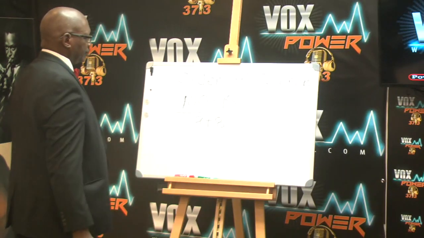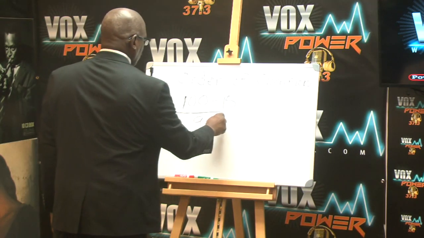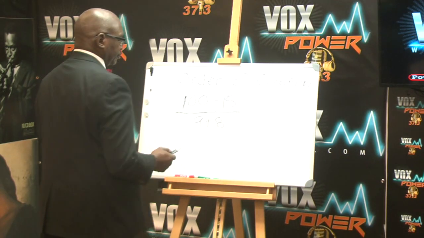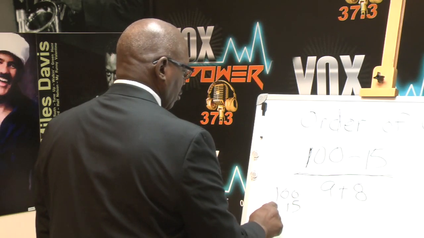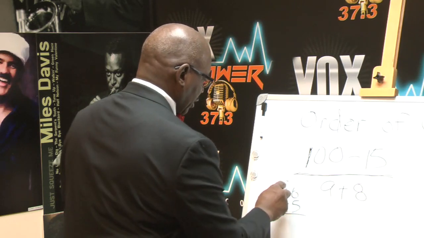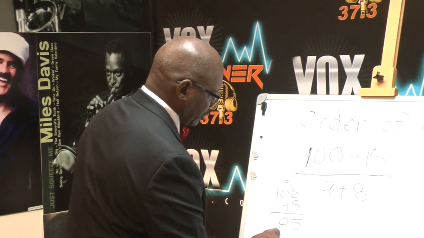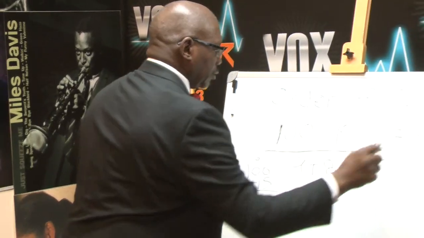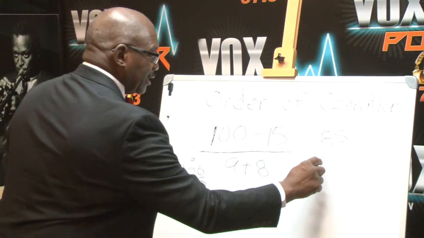Now, order. What do we do first? We could subtract, or in the numerator, 100 minus 15, and we get 85. Again, we borrow, that becomes a 9, and so forth, and that's 5, and then 9 minus 1 is 8. So our numerator is 85. And then at the bottom, our denominator, 9 plus 8 is 17.